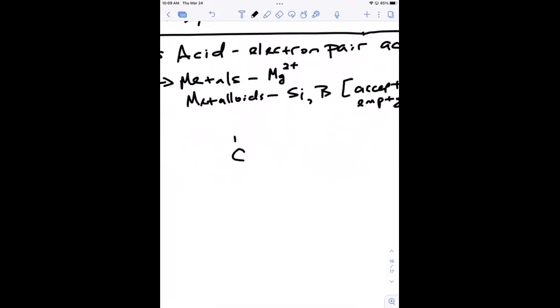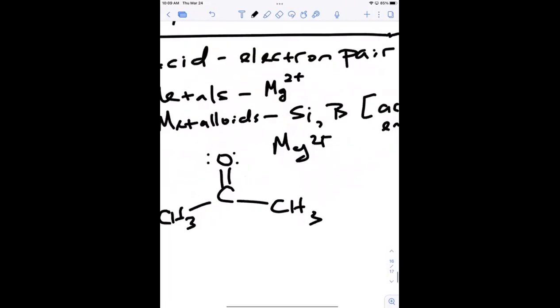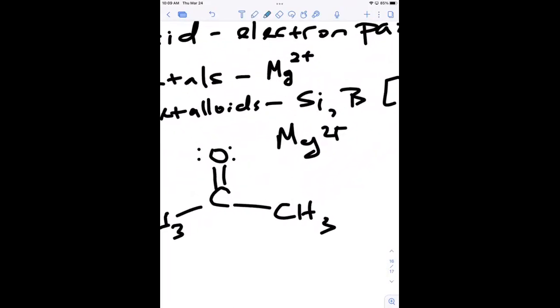All right, so Lewis acids, the way that they function, let's say you have something like this. So let's say acetone, and you have a metal, let's just use magnesium. Right, so this pair of electrons here can actually donate to that metal.